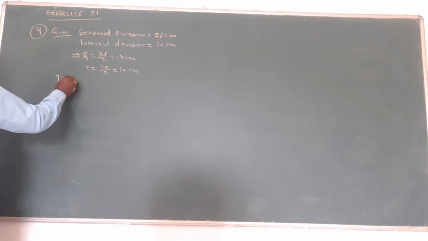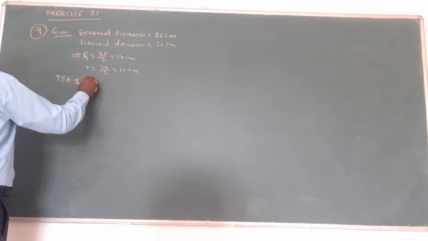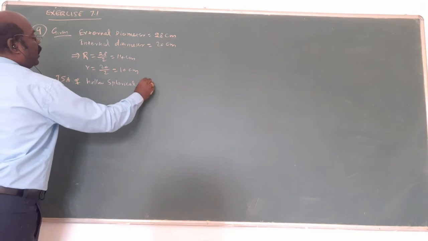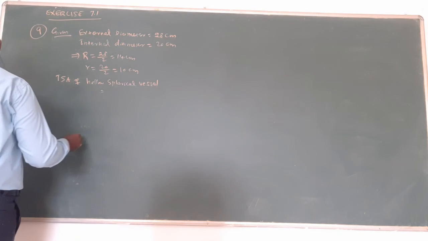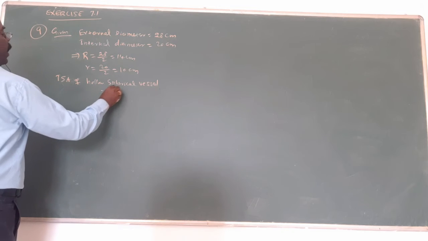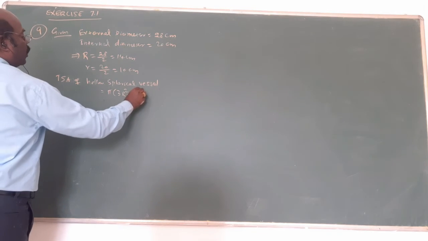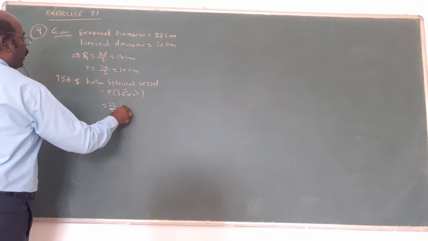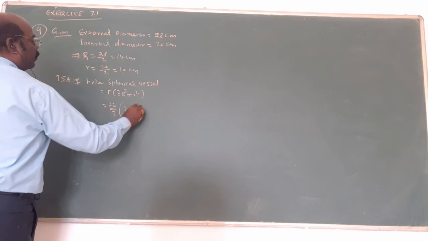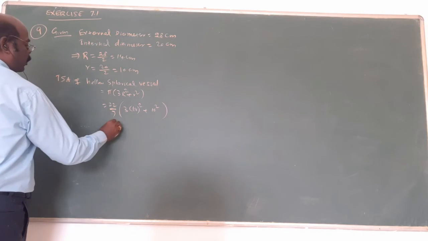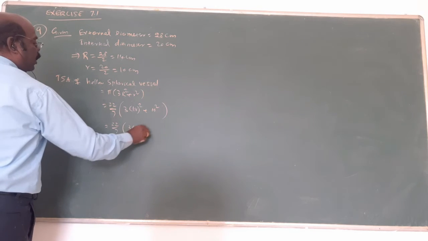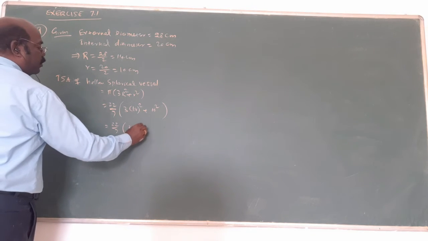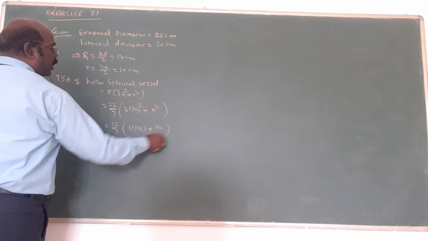Now what is it asking? The total surface area of the hollow hemispherical vessel. What is the formula? Pi into (3 R square plus r square). Take pi as 22 by 7. 3 into 14 square: 14 into 14 is 196. 10 square is 100.